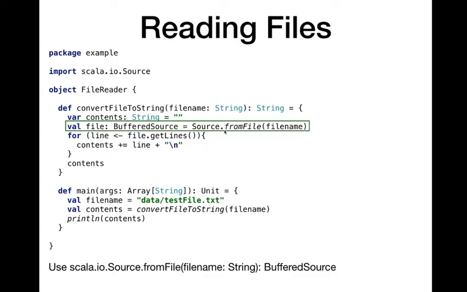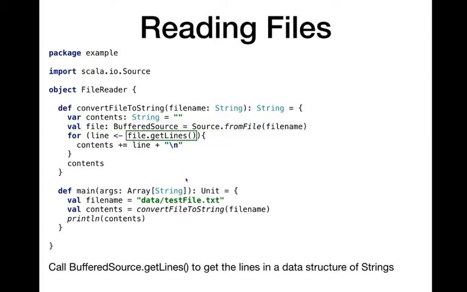Or we can iterate over the getLines of a buffered source. We can do source.fromFile(fileName).getLines right here. So this buffered source, I'm going to call the getLines method, which is going to get every line from the source, and I can iterate over those lines as a data structure.